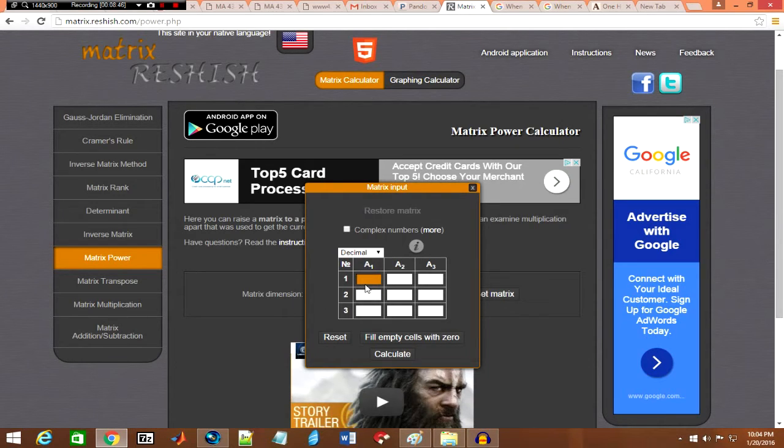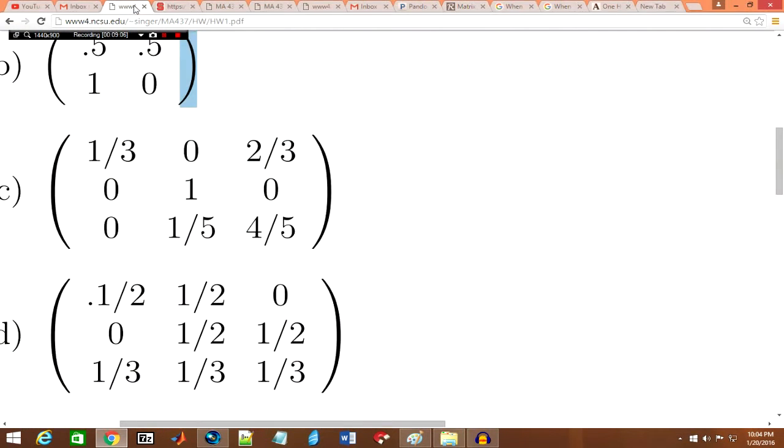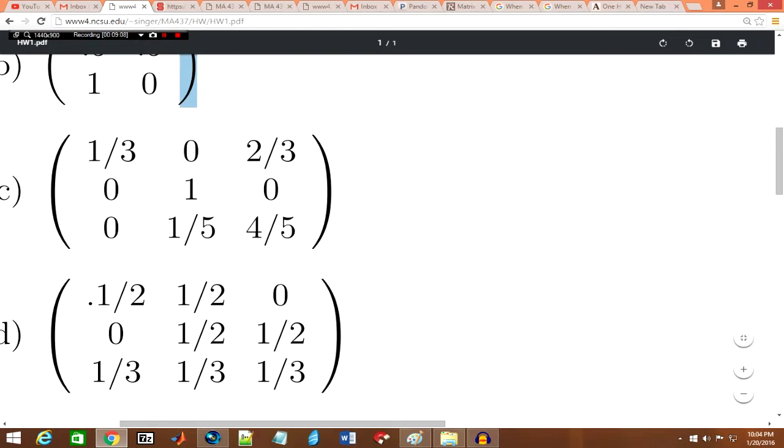So let's see. We're gonna change this to fractions. And 1 over 2, 1 over 2, 0, 0, 1 over 2. Is this really the matrix? No, it's not.